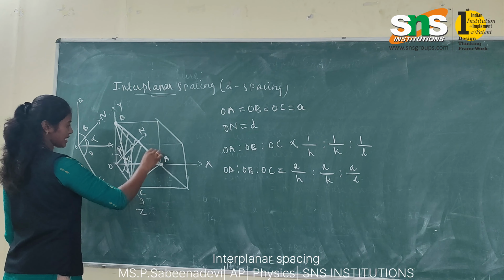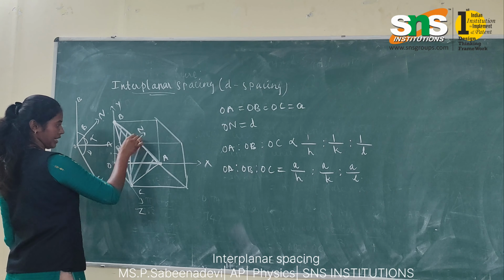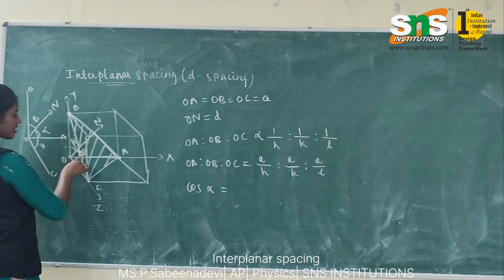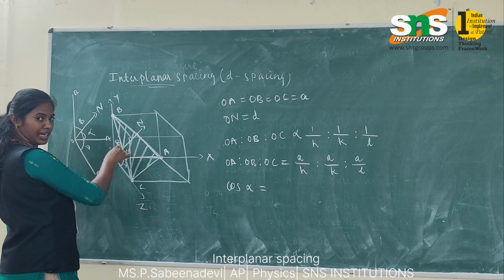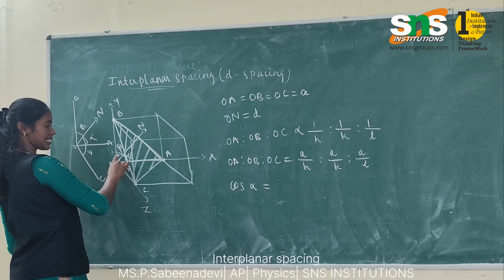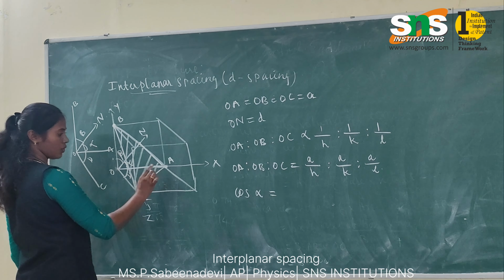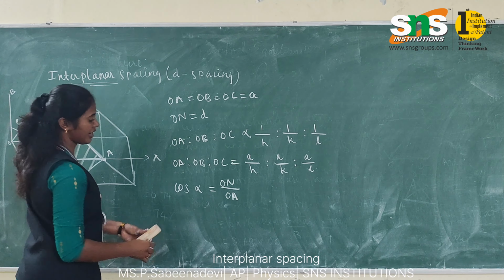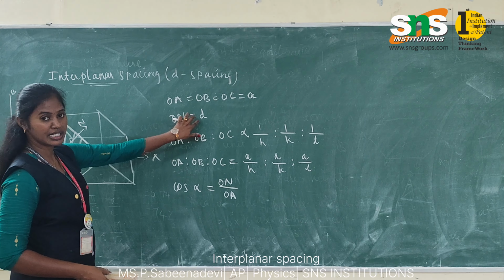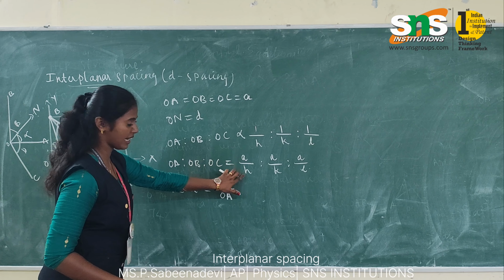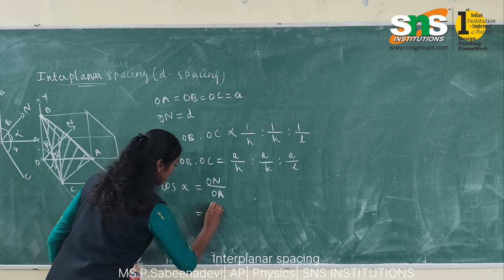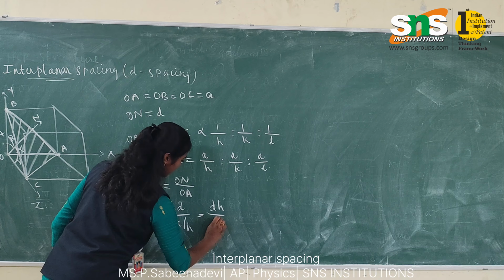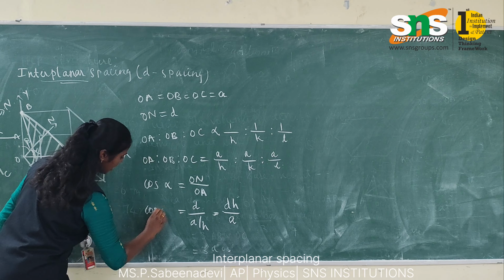Cos alpha is equal to adjacent side by hypotenuse. Here the adjacent side is ON and the hypotenuse is OA, so cos alpha is equal to ON by OA. ON is d and OA is a by h. Substituting, d divided by a by h is equal to dh by a. So this is cos alpha.